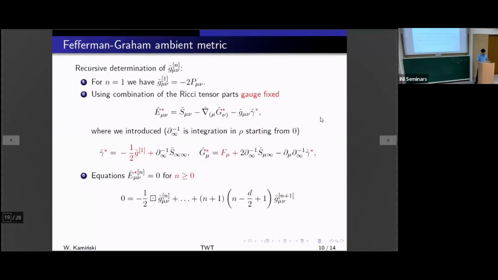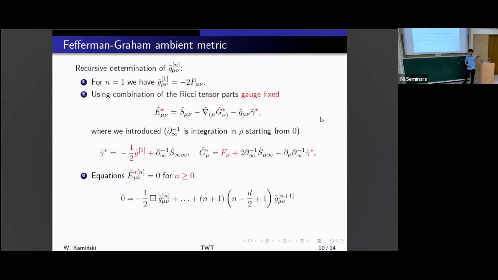So maybe one more thing, there is some nice feature of these equations. We're looking at this expansion of the metric, and we notice that this system is at some moment decoupled. Normally it's coupled to n plus 1, but if one takes n equal d by 2 minus 1, then suddenly this term drops, and so it's somehow decoupled.